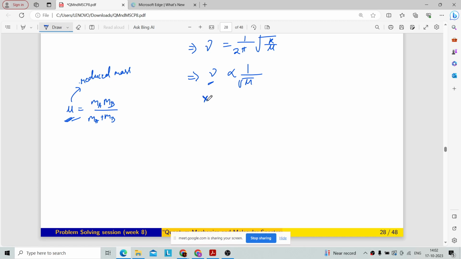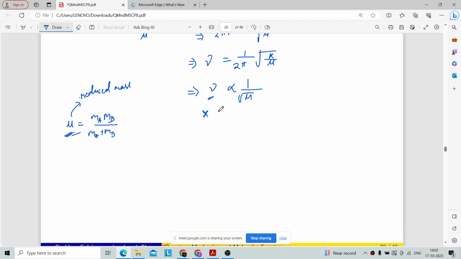So this frequency is given as x in the question. So the frequency x increases as mu decreases, or x decreases as mu increases.